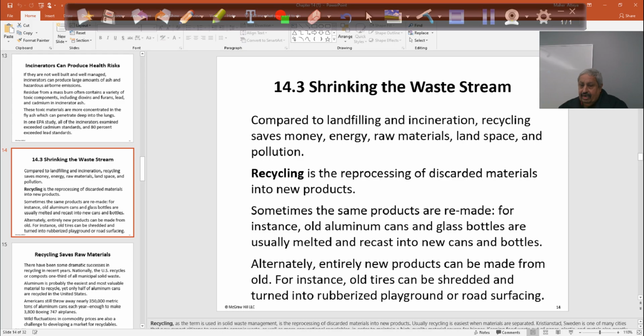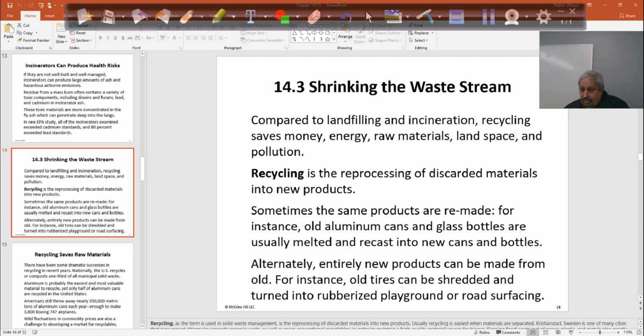Sometimes the same products are remade. For example, old aluminum cans and glass bottles are usually melted and recast into new cans and bottles. Alternately, entirely new products can be made from old ones, correct? So the soda cans can be remanufactured, and then you get a new aluminum can out of this old discarded one.